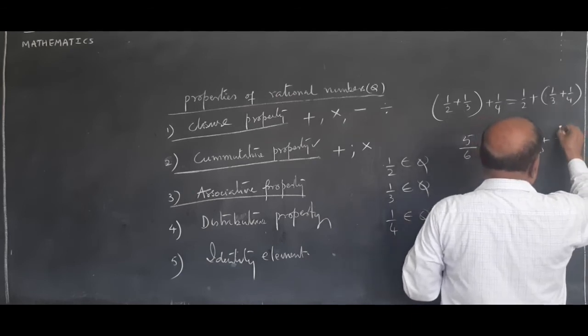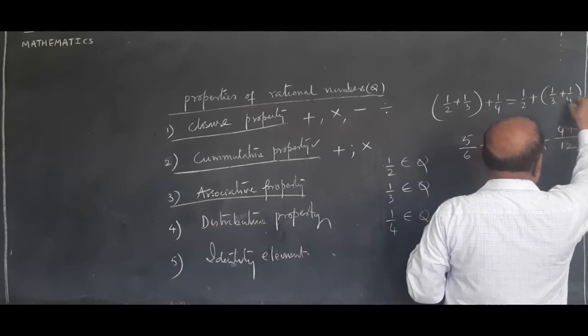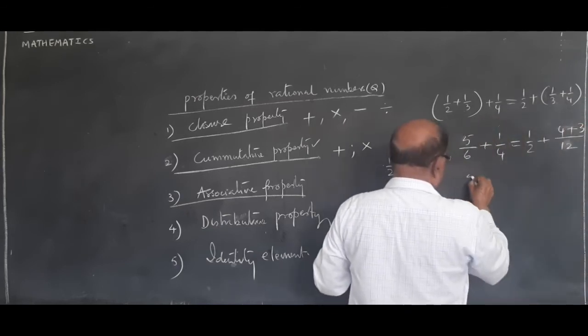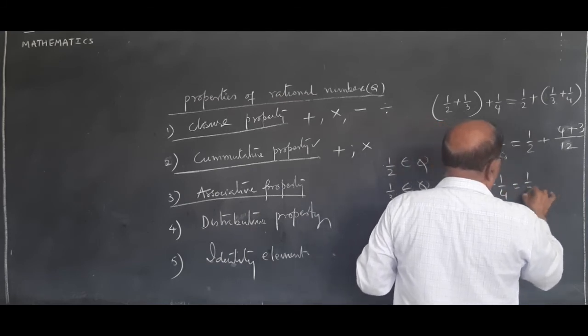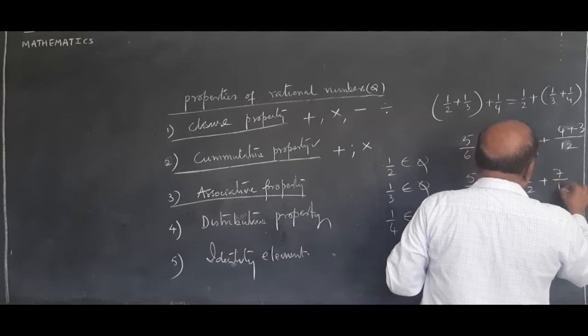So 3 4s are plus 4 3s are. So this is 5 by 6 plus 1 by 4 is equal to 1 by 2 plus 7 by 12.